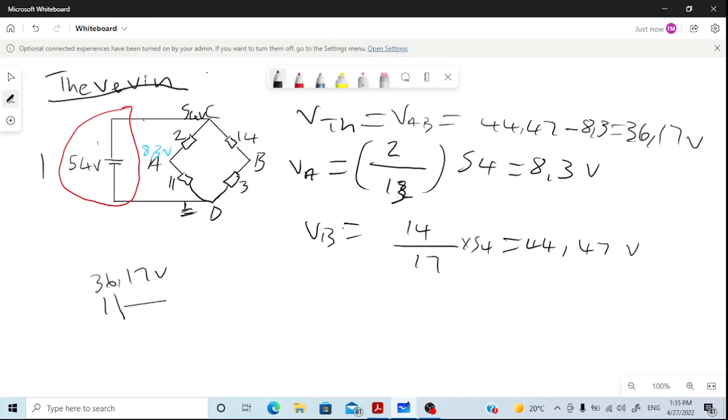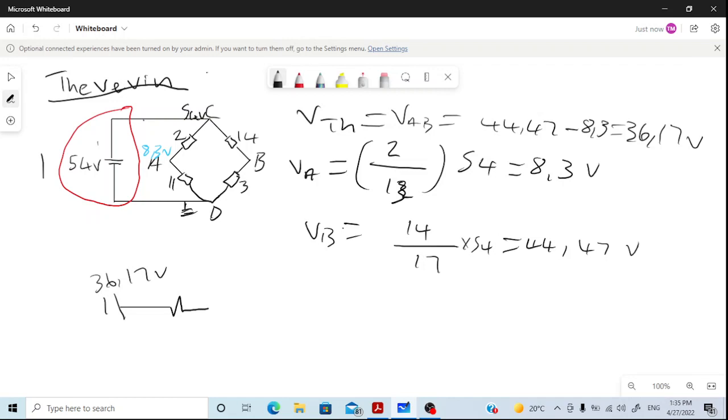Okay, then I must have my Thevenin resistance, the RTH. There's a bad drawing.